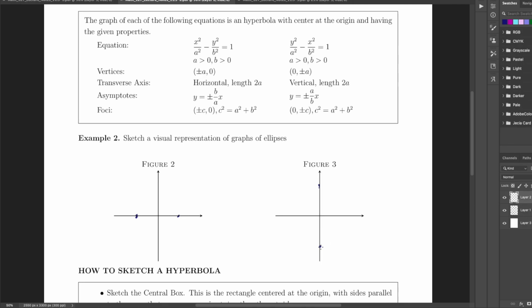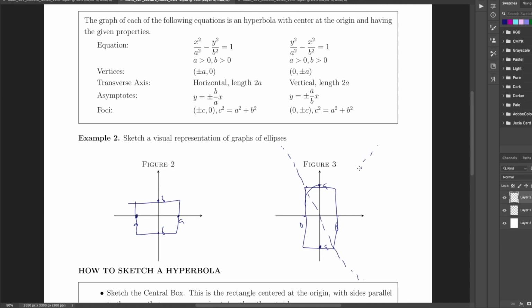This is A, and then here we'll say B and B for this case, and we draw a box. Then we can put our dotted lines right here.